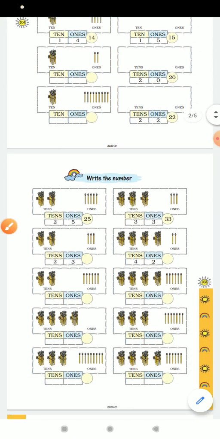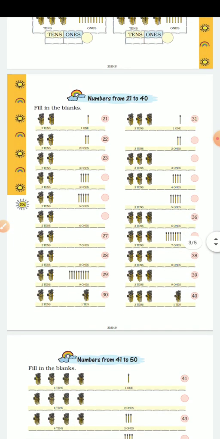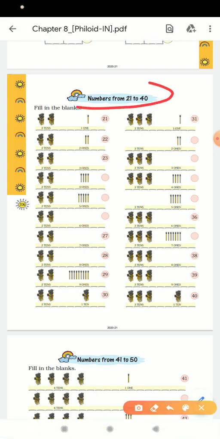Now in the next page the same thing is given. You have to count the bundles and write the number here: how many bundles will come in the tens line and how many in the ones line. Now here we have the topic numbers from 21 to 40.